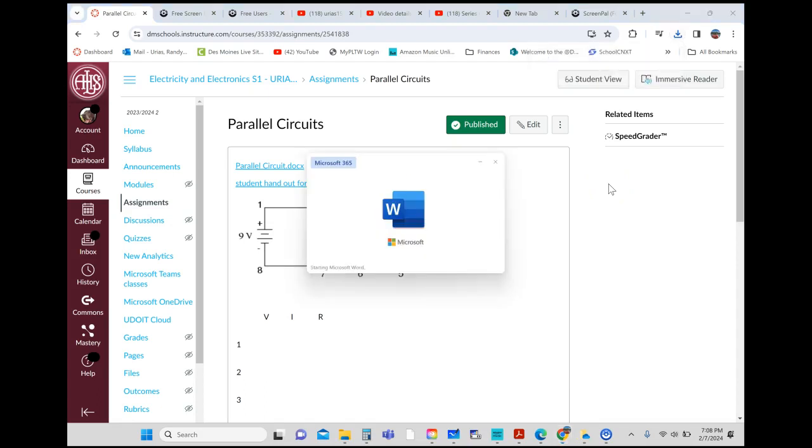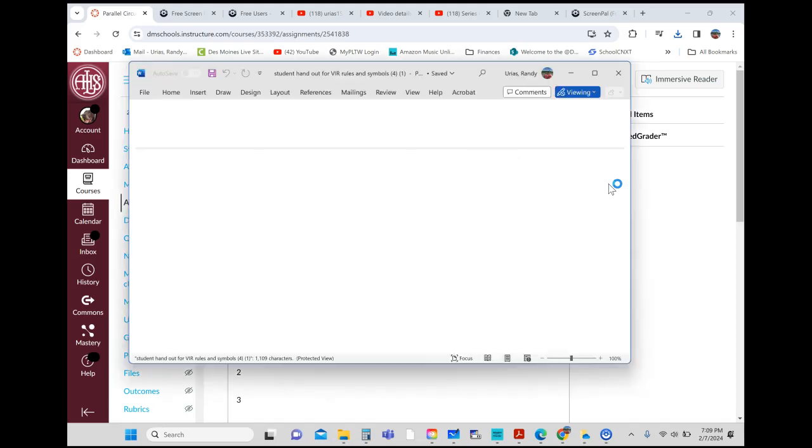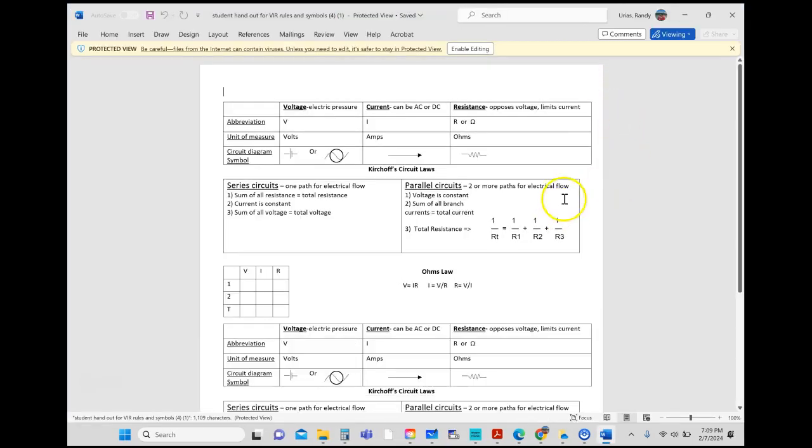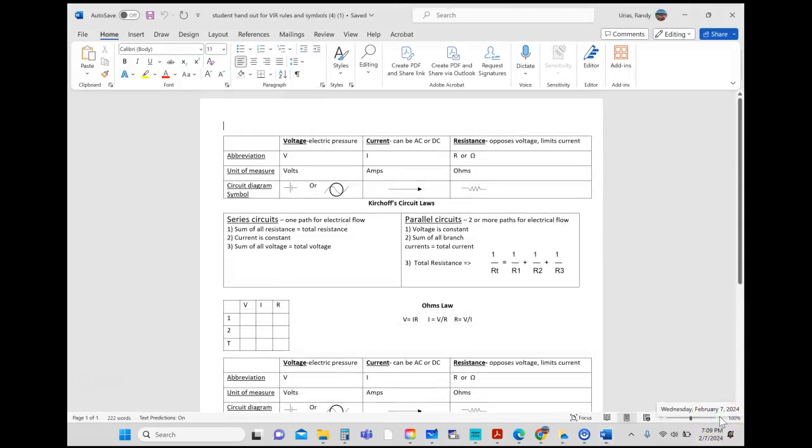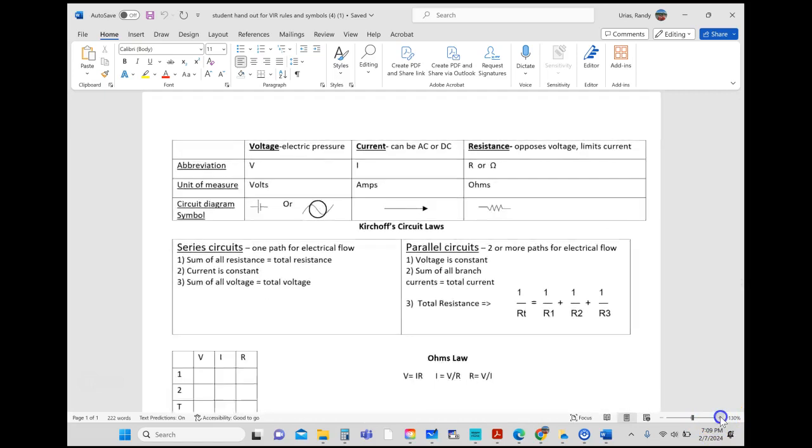Open it up. The first thing we need to look at before we start the circuit is the rules. Go ahead and enable editing here, and I'm going to zoom in so you can see this really well.